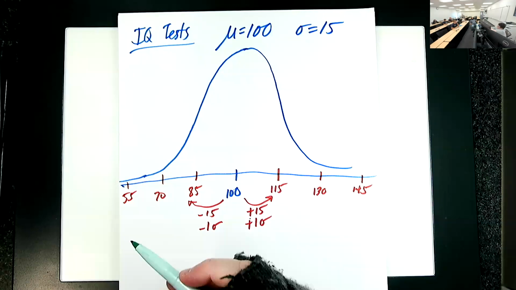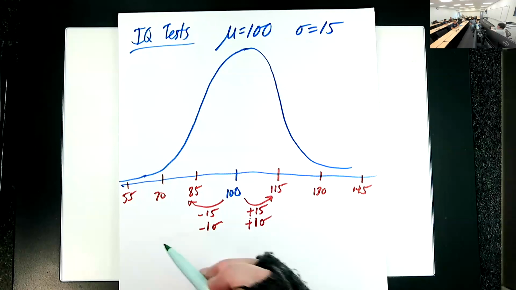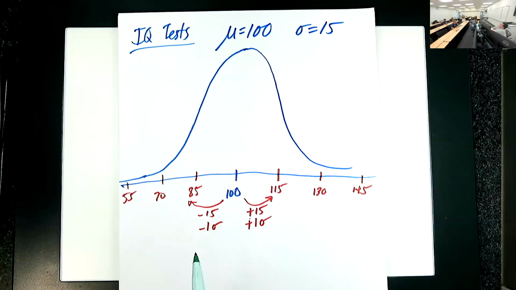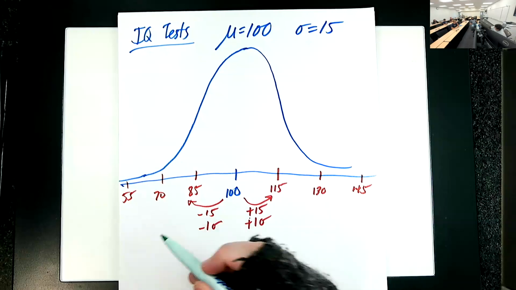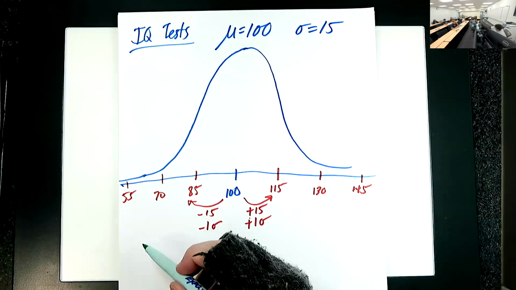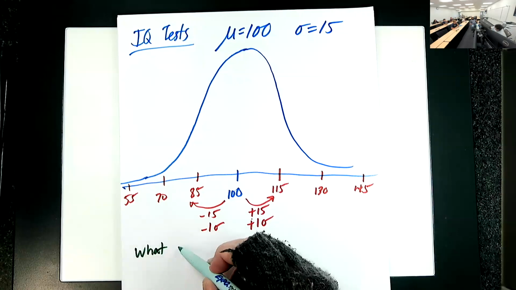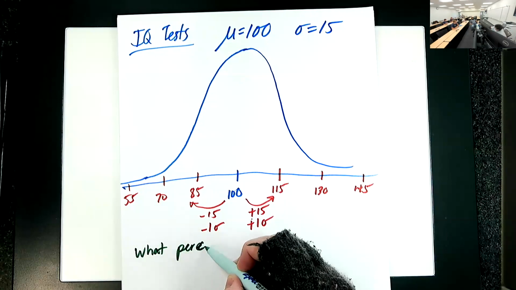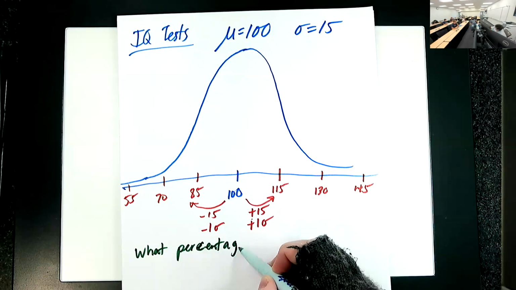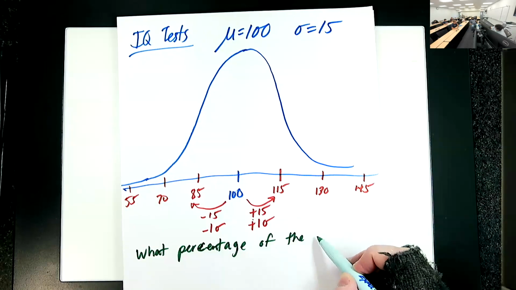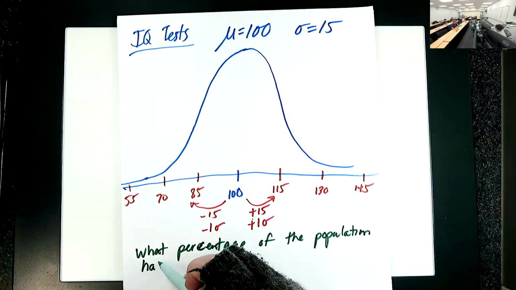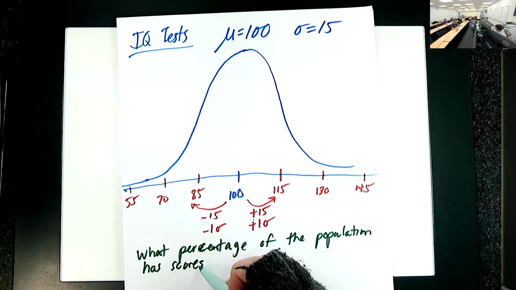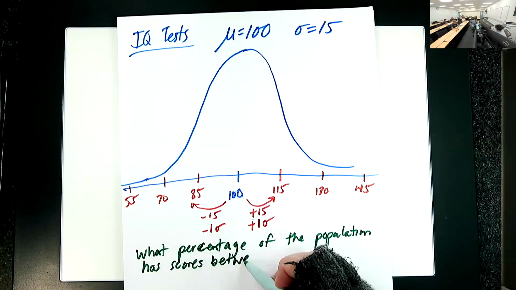It might say something like this. Let's say we're doing: what percentage of the population has scores between 85 and 100?